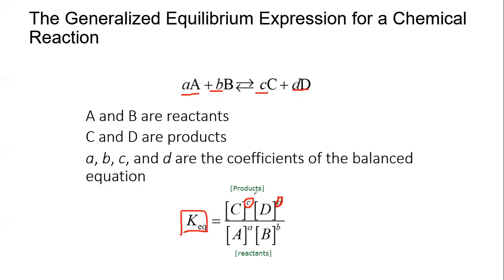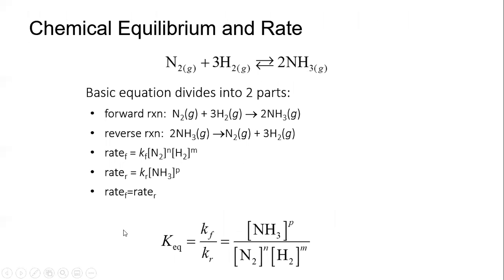Again, it's the concentration of products over reactants. So here we're using this reaction: N2 plus 3H2 gives us 2NH3. And this is referred to as a homogeneous equilibrium because the reactants and products are in the same phase.